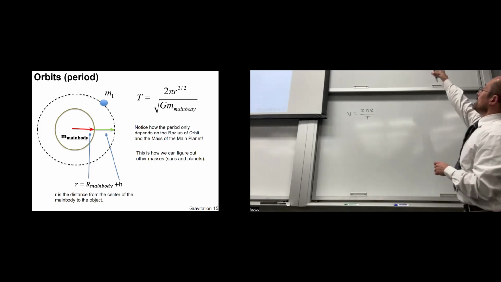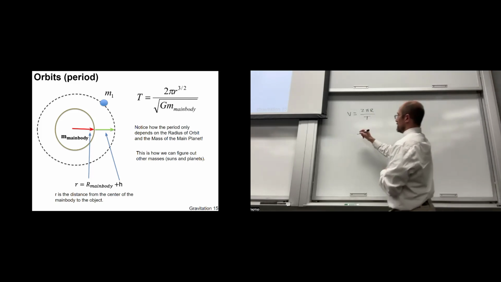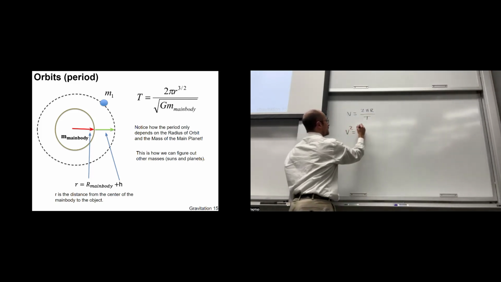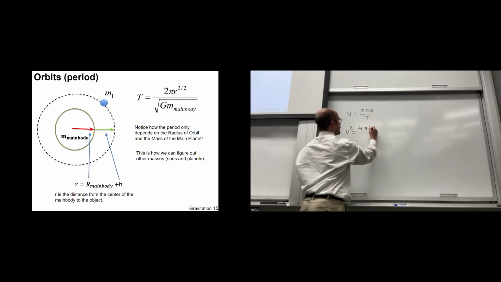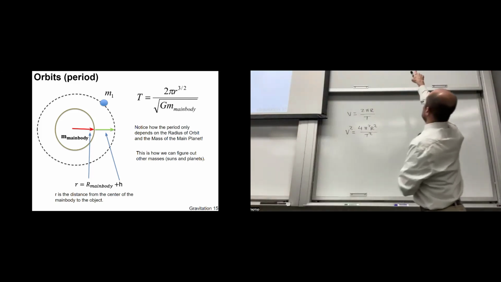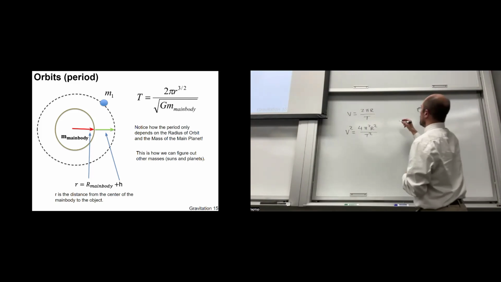Now what we can do is square everything here. So we're going to say v squared is 4 pi squared r squared over t squared. And the reason we do this is so we can use the v squared version up there.